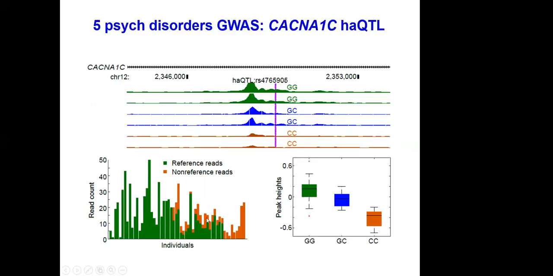It's also associated with allelic imbalance at heterozygotes. So presumably this SNP is a regulatory SNP that affects the function of this ChIP-seq peak. And it's in strong LD with a GWAS SNP for psychiatric disorders. So presumably this is the causal SNP for these 5 psychiatric disorders.